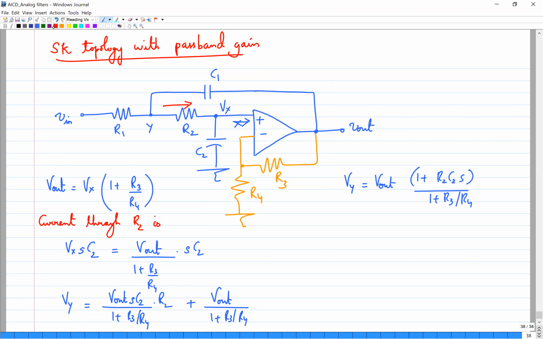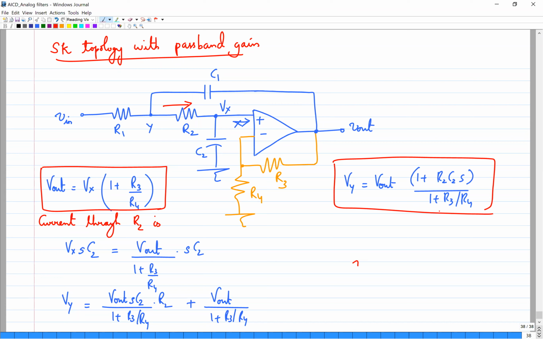So these two relations are important: the relation between Vx and Vout, and between Vy and Vout. Now with this, if you do the same analysis as before by applying KCL at node Y, we will end up with a relation.